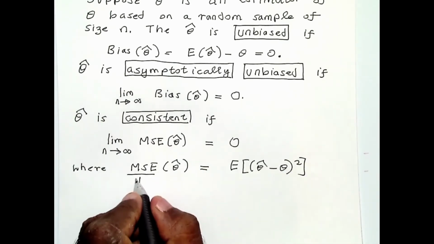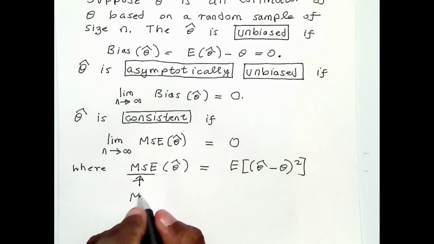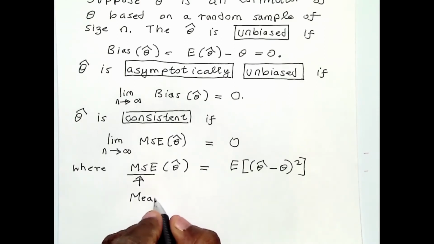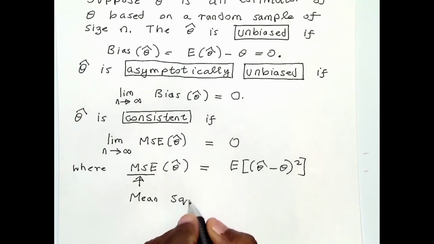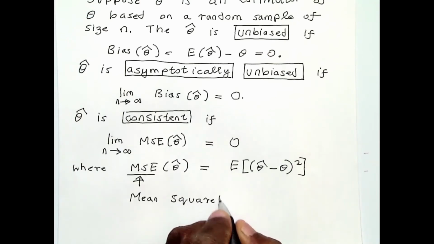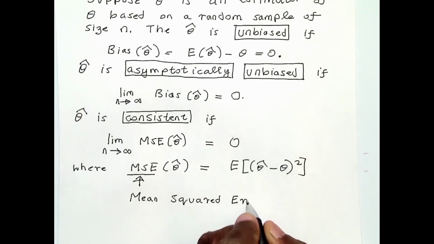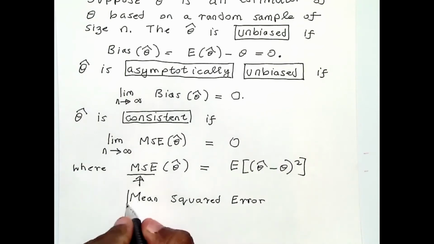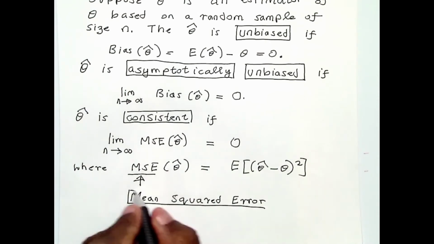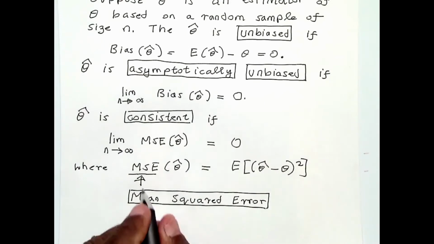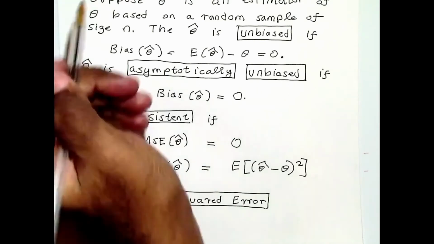And MSE stands for mean squared error. This is the abbreviation MSE. So these are three things you need to remember.